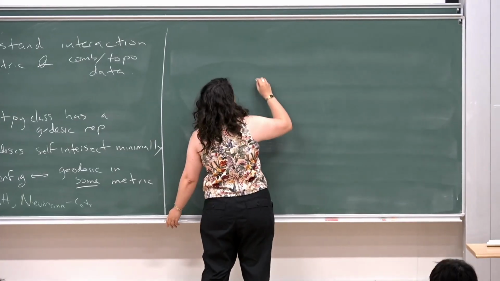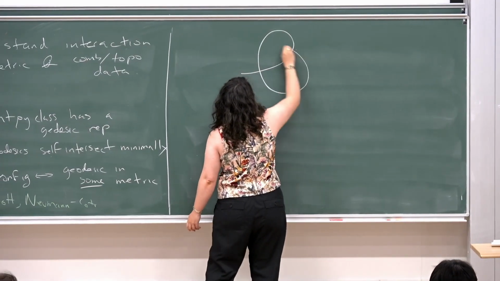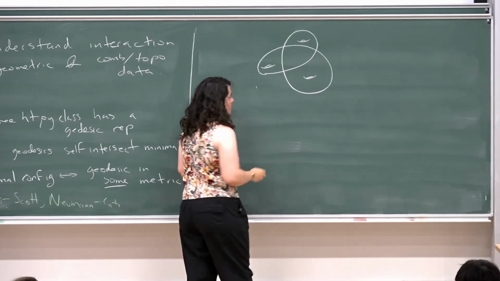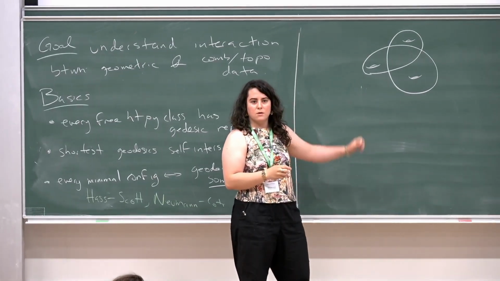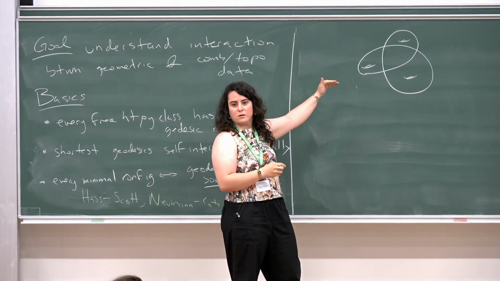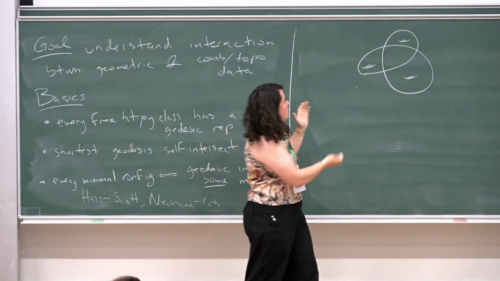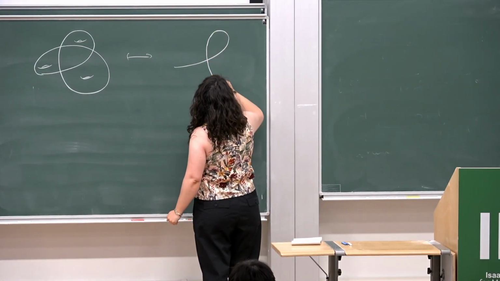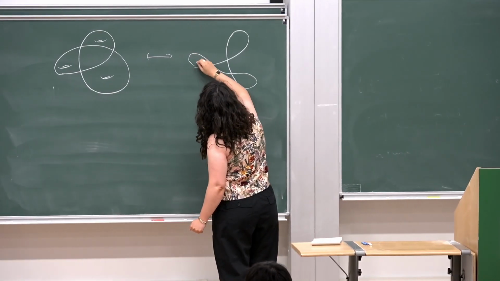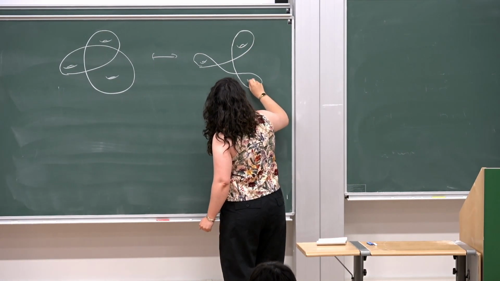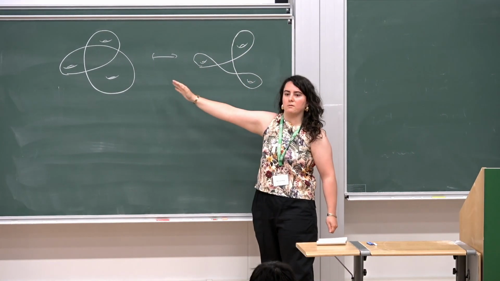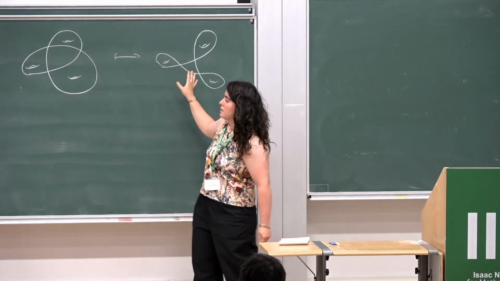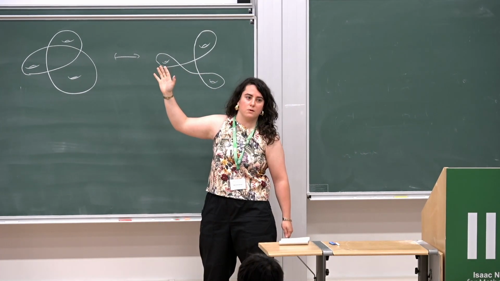If I have a curve that self-intersects minimally, so here's a curve that self-intersects minimally. It's not unique up to isotopy, generally. So this is going to be homotopic to another curve. Let's see if I can draw it. These two are minimal configurations, okay? Different minimal configurations. Each one of these is a geodesic in some metric on the surface.